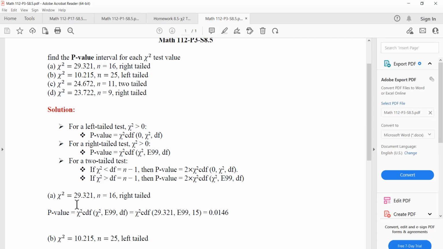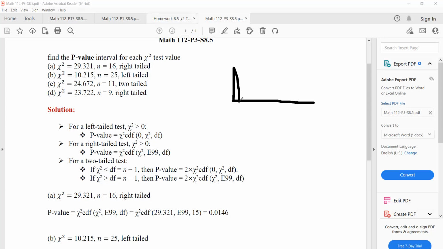Now, if it's a right tail, then remember, in this case we're looking at something that does this. Here we are on the distribution. Like I said, you don't have to draw it, but this will help you see what's going on.